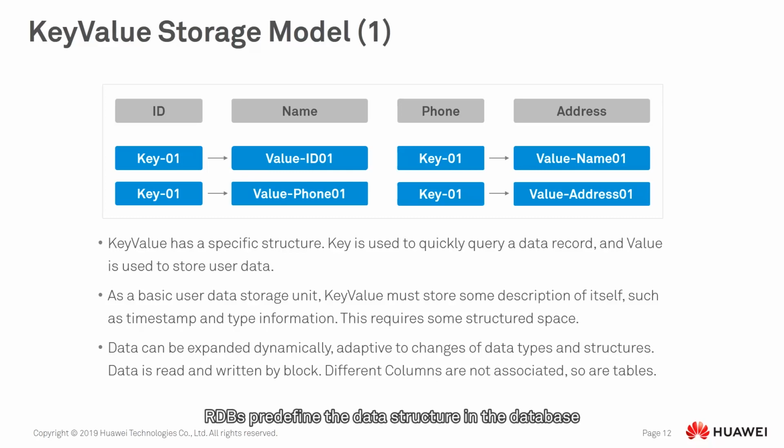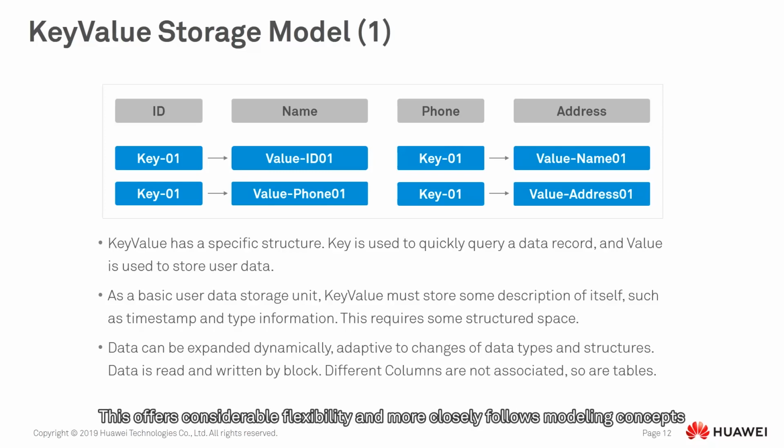RDBs predefine the data structure in the database as a series of tables containing fields with well-defined data types. In contrast, key value systems treat the data as a single opaque collection, which may have different fields for every record.